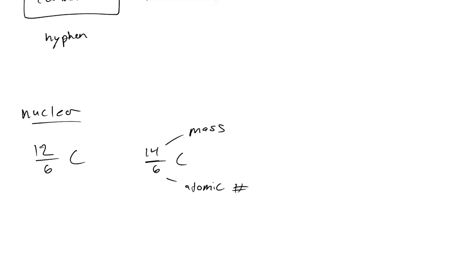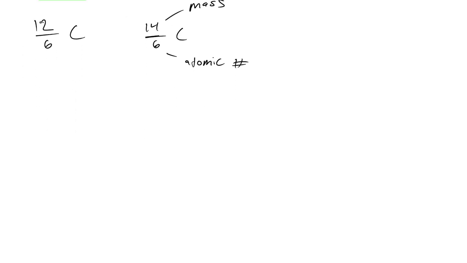Now let's go over some practice problems. Let's say, how many protons, neutrons, and electrons are in carbon-14? I'll give you a second to pause the video and look that up in the periodic table, but carbon-14 has 6 protons.